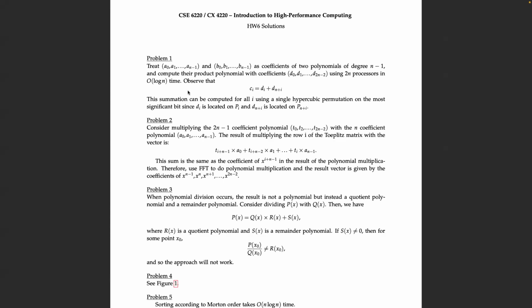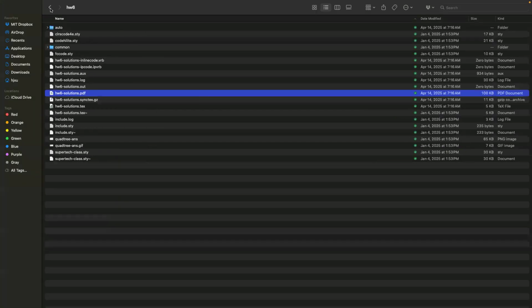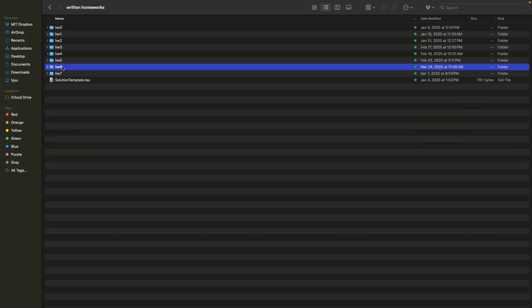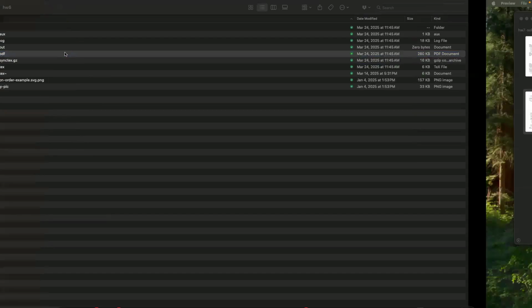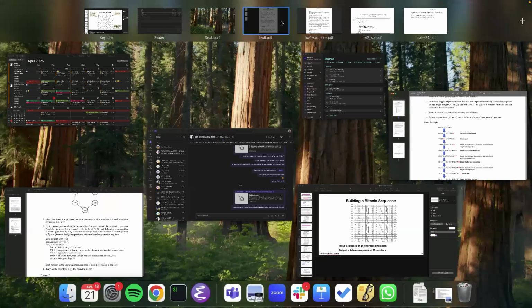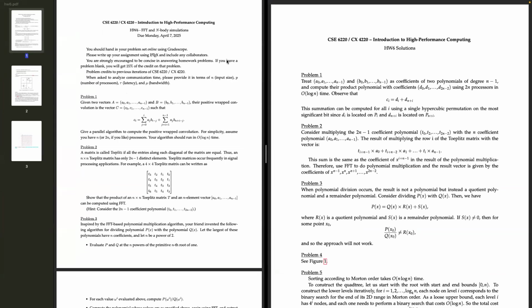Let me open the actual question again. The question is, you have two vectors, A and B, and convolution is defined like this, where C is the sum.